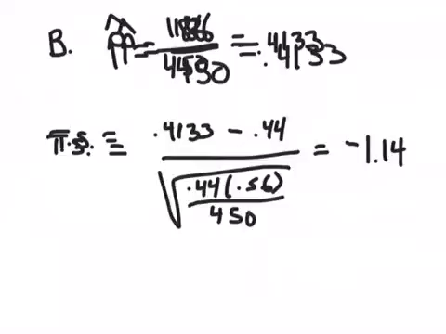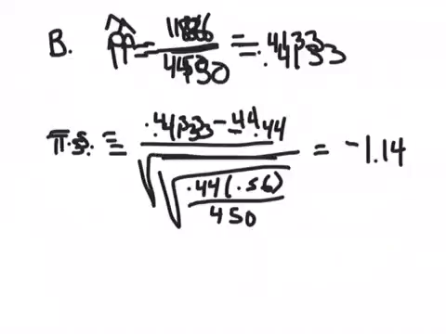But we take 0.4133, what we observed, minus what they say the parameter is, the true proportion estimate for the population. And we need to get the standard deviation.